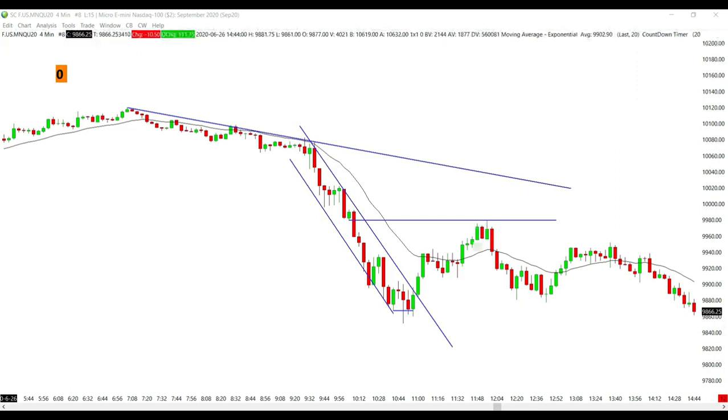So we go up to this level right here. It makes a high, but it can't close above this candle right here. All right, and then the market goes down. So when I see that, I want to sell as soon as it goes below this swing low right here. Okay, so let me show you guys one more example.